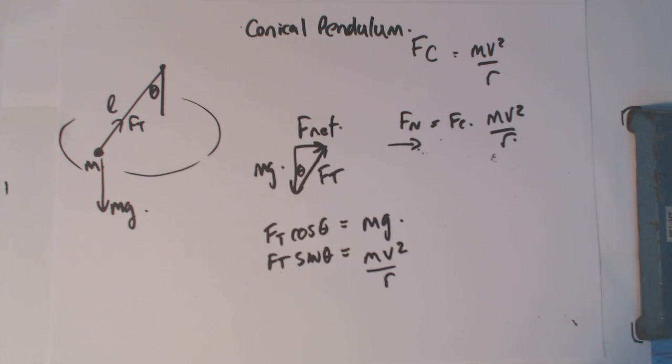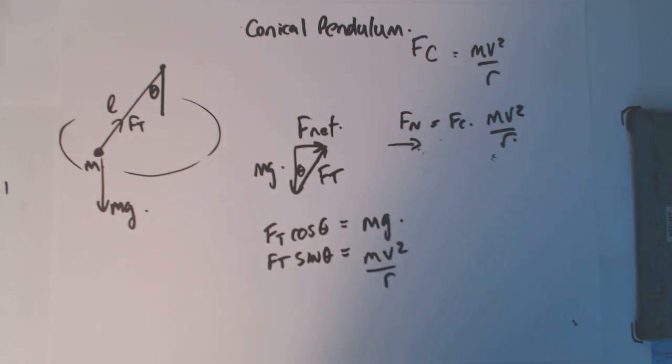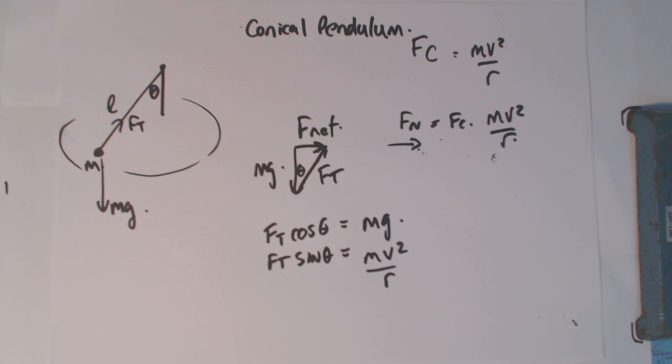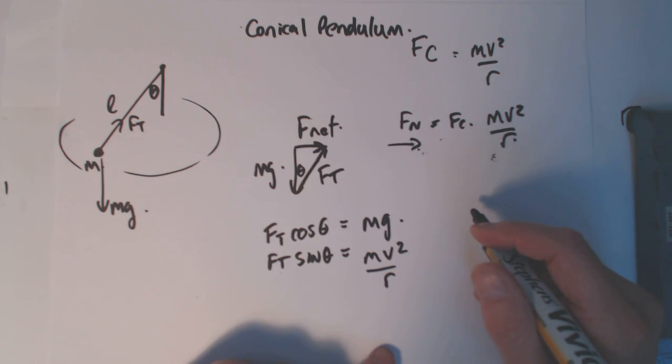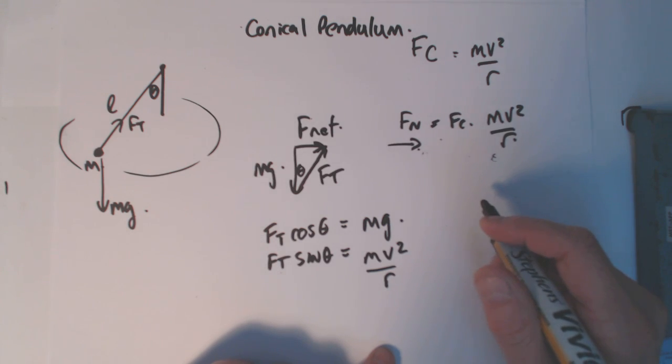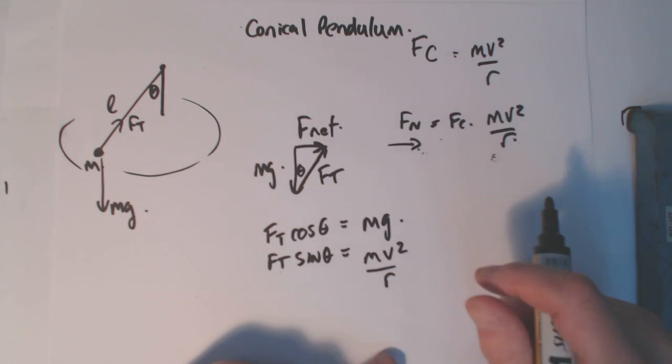Starting to get some information here, right? So let's solve for Ft, if you like. We can say Ft cos theta equals mg, so Ft equals mg over cos theta. That would be nice and easy enough to do.